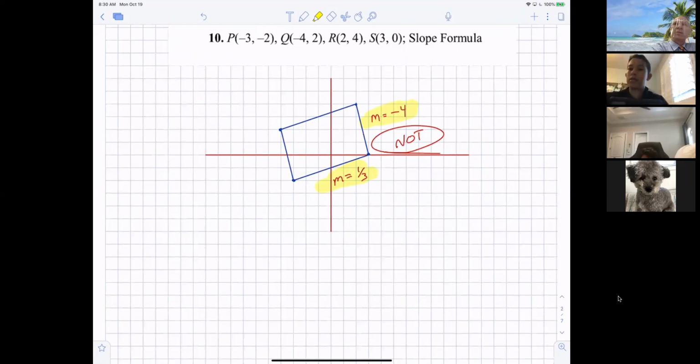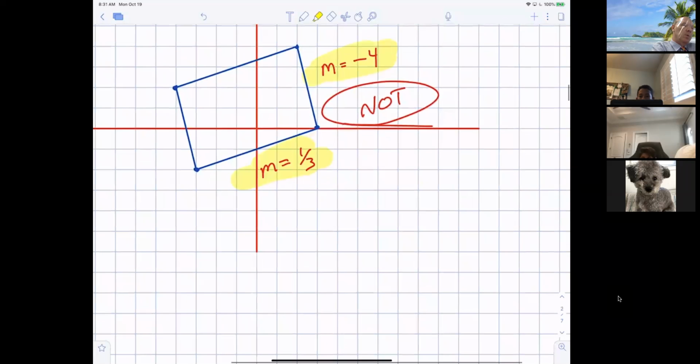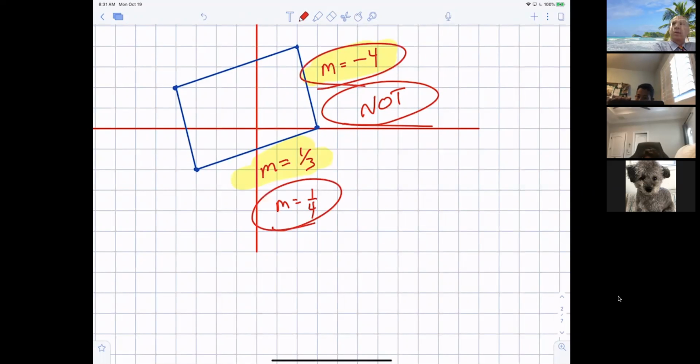Isn't that slope -4, or am I wrong? Because -4 and 1/3 are not negative reciprocals. This has to be what? What would this have to be down here? Yeah, it'd have to be 1/4. If that's 1/4, then they are perpendicular.